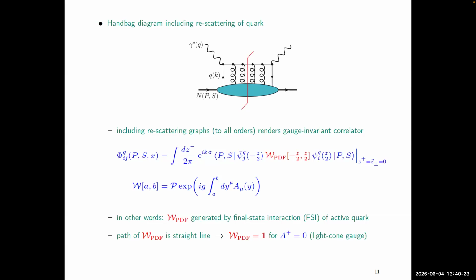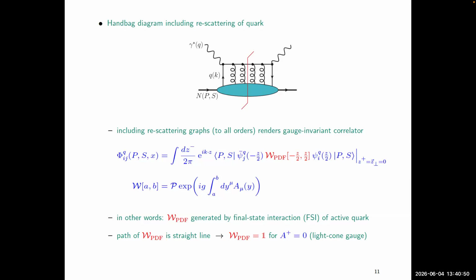If we look again at the handbag diagram, and I take into account the rescattering of the struck quark with remnants of the target, more precisely, summing up contributions of longitudinally polarized gluons to all orders, you literally generate this path ordered expression.